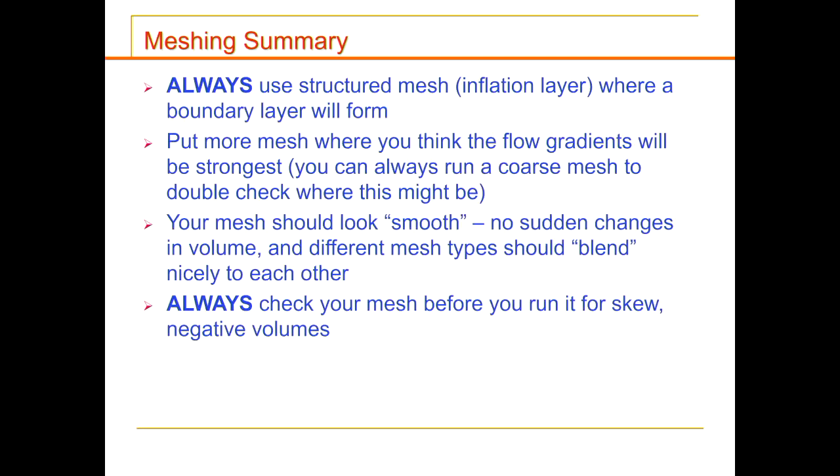Your mesh should look smooth. That's important. If you do want an irregular mesh with non-uniform spacing, the ratio to the preceding mesh size should not be greater than 2. So you try to limit it between 1 and 2.